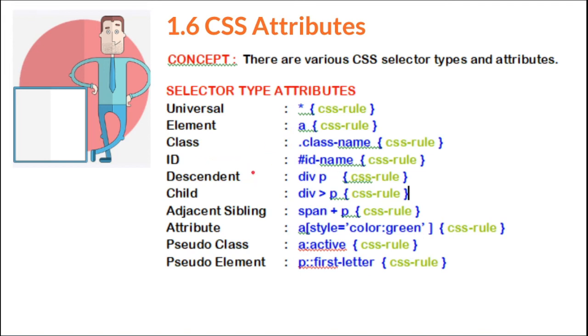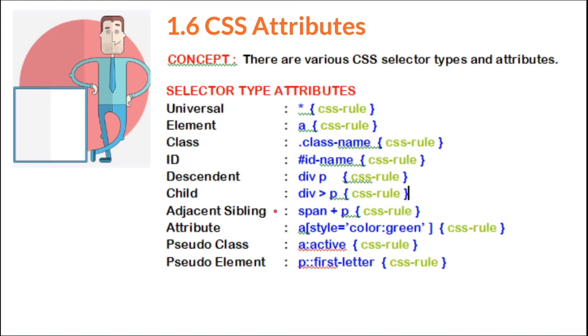We can have a descendant selector where we have the element and then another element which is descendant from that. We can have the child selector where we have the element and the greater than sign and then another element. So the P element is the child of the div element, or is contained within the div element.